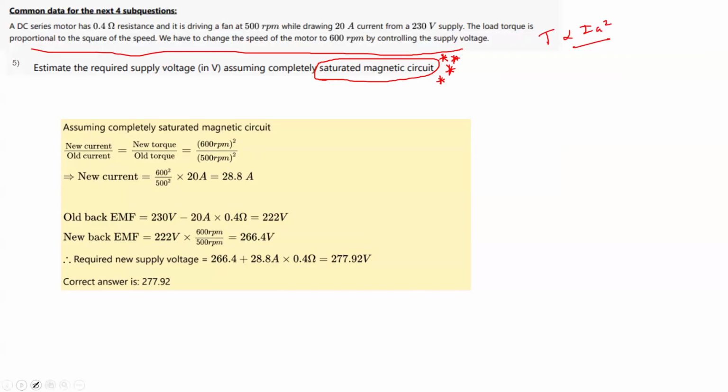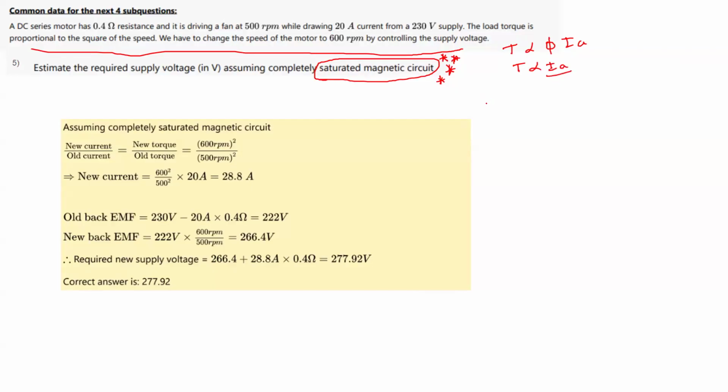Okay, for this case, what you have to do is, torque is proportional to, as I have said, torque is proportional to phi into Ia. Now because this magnetic circuit is already saturated, torque will be proportional to only Ia.